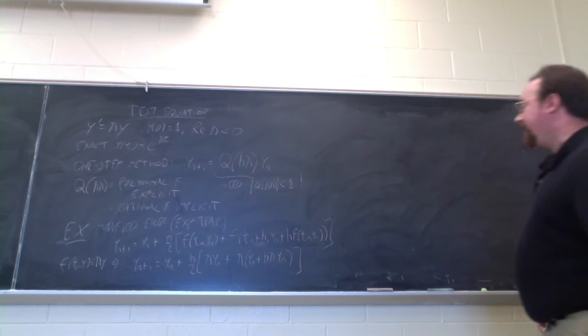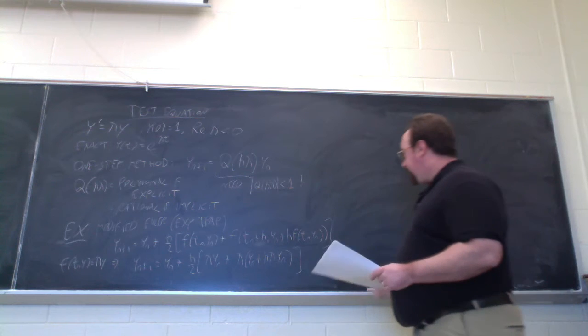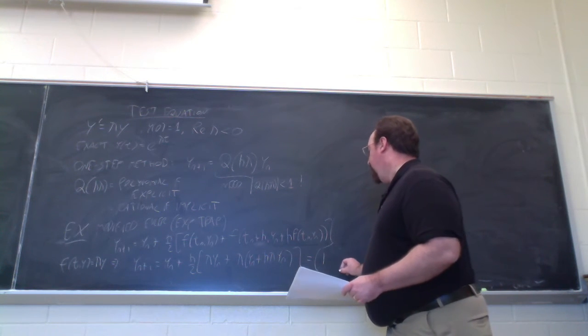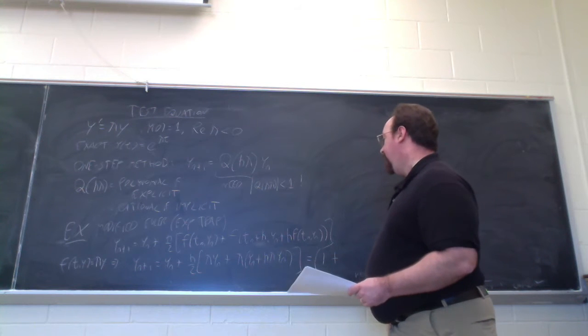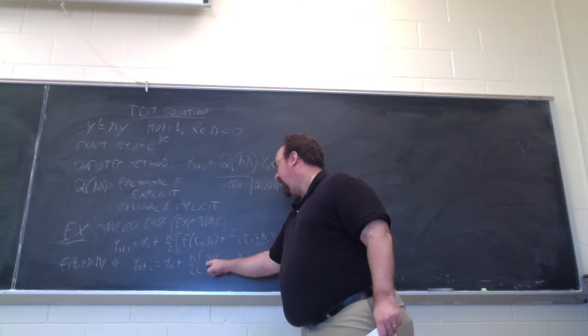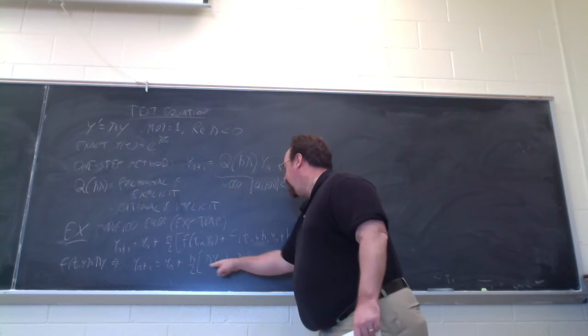All right. So it turns out you can factor out a y_n out of all of this. And let's see what we get. You get 1 plus, here we have h lambda over 2, and here again we have h lambda over 2.